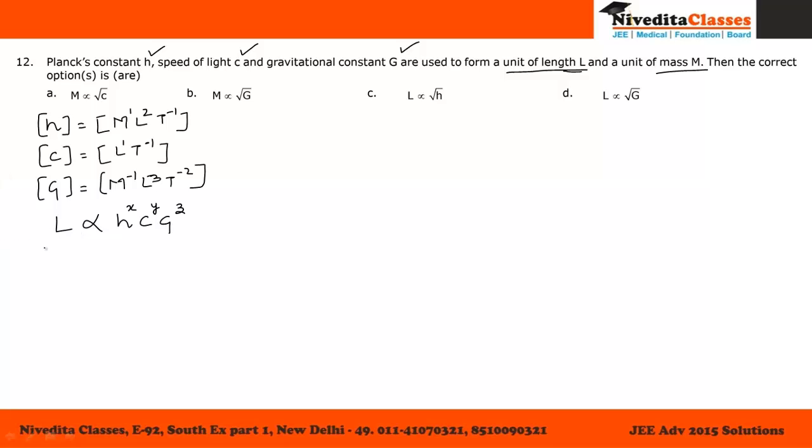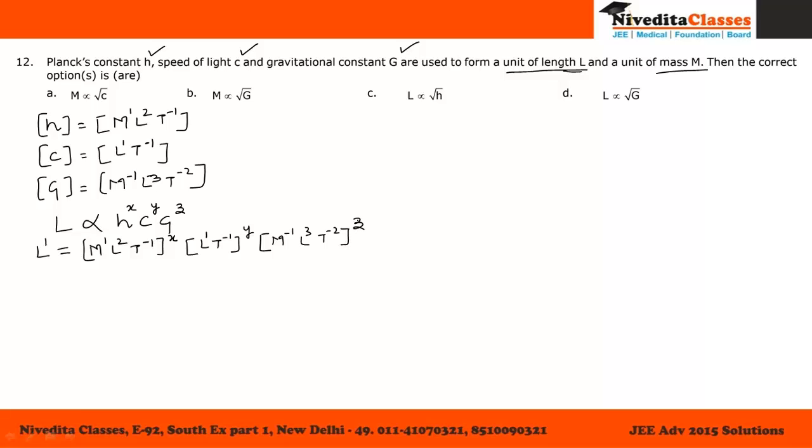So using the principle of homogeneity, we can equate the dimensions on both sides. So it will give us L1 is equal to m1 L2 t minus 1 raised to power x. Then we have L1 t minus 1 raised to power y, and then for g we have m minus 1 L3 t minus 2 to the power of z.